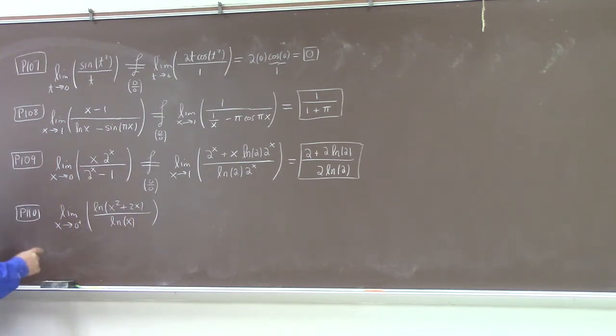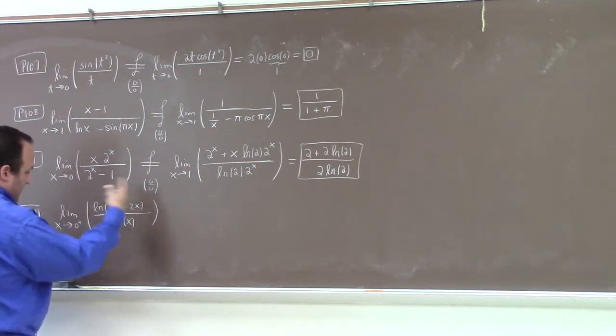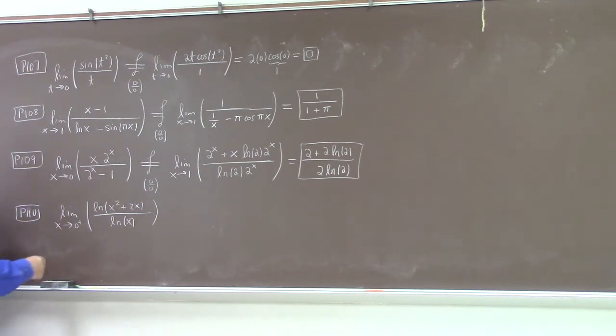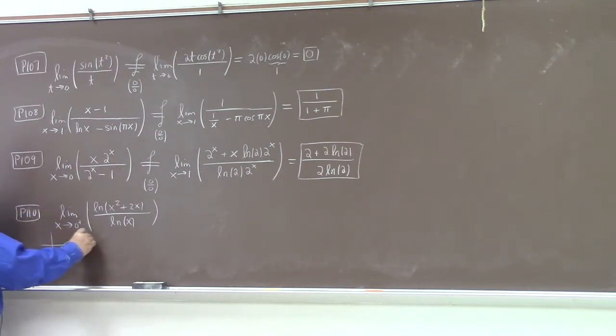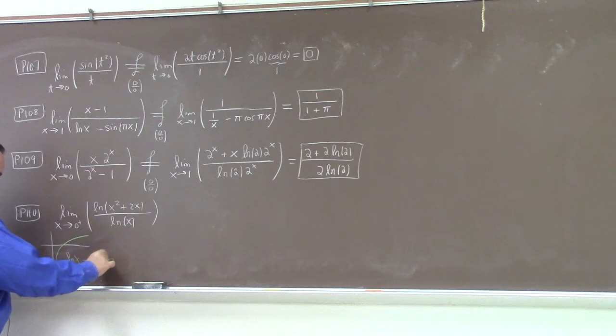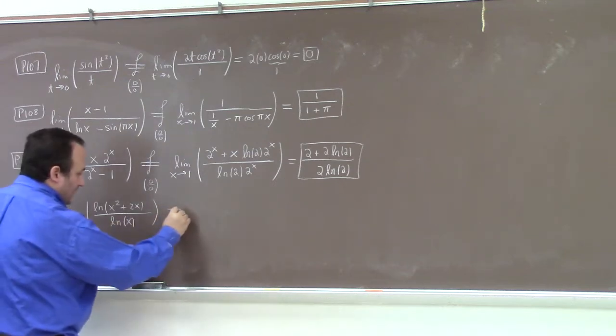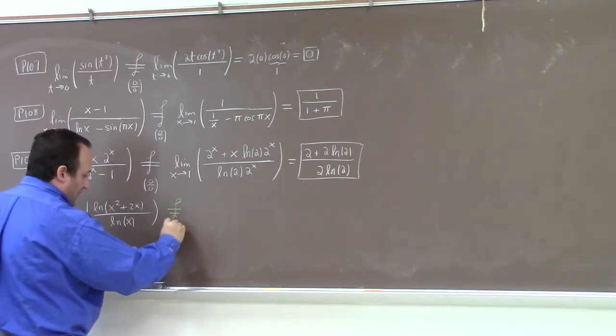So as x goes to 0, we're looking at log of 0 and log of 0. What happens with log of 0? This is what log looks like, right? Log x goes to minus infinity as x goes to 0 from the right, yeah? So what we're looking at here is something we can apply L'Hopital's rule to, type infinity over infinity.